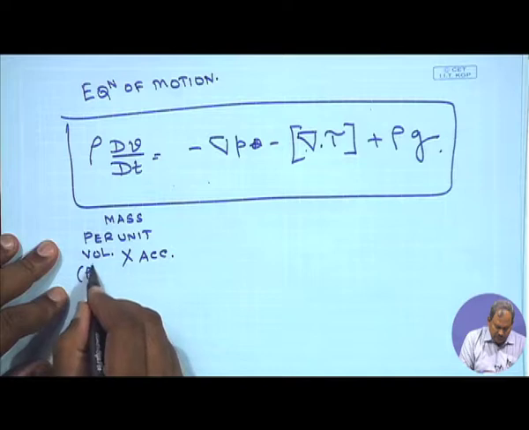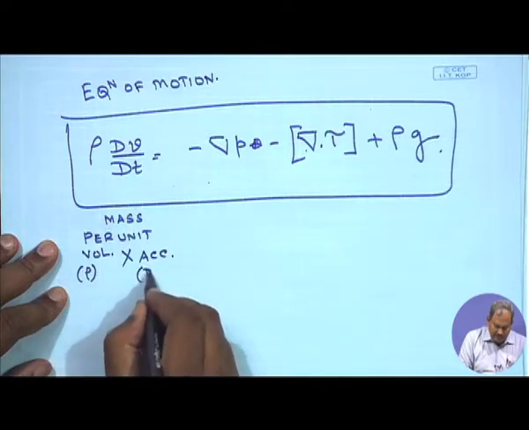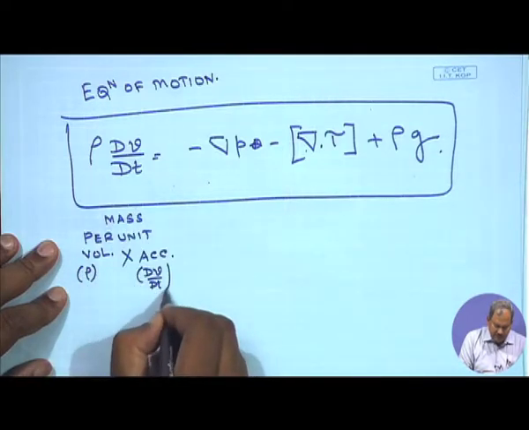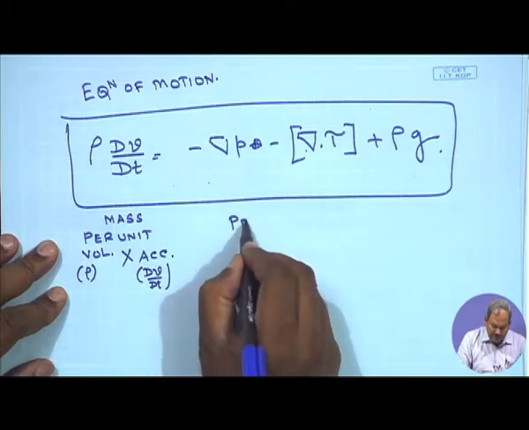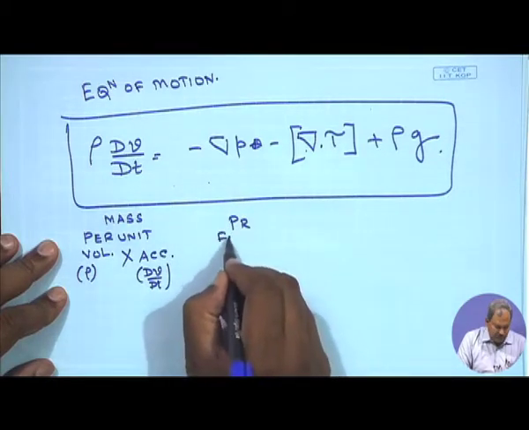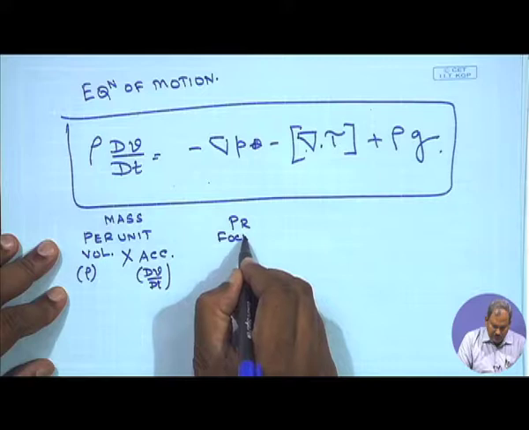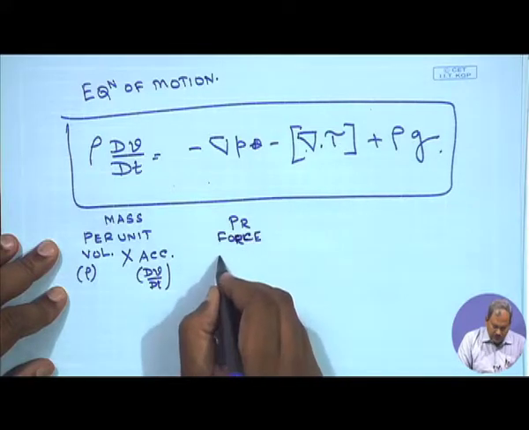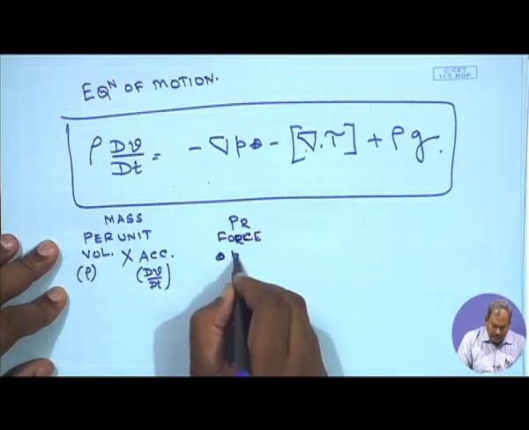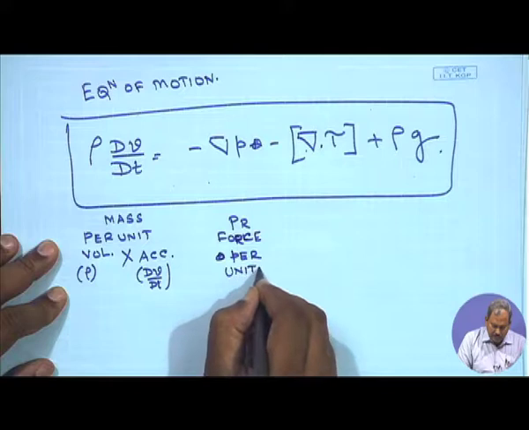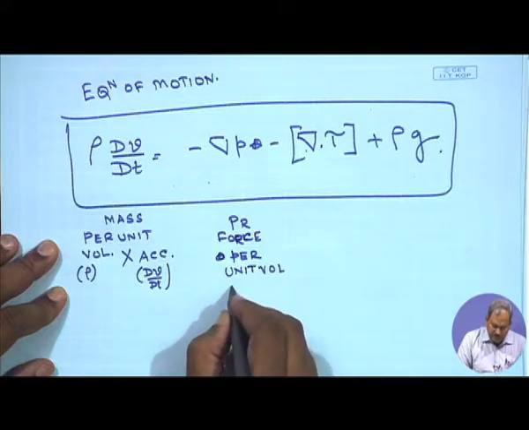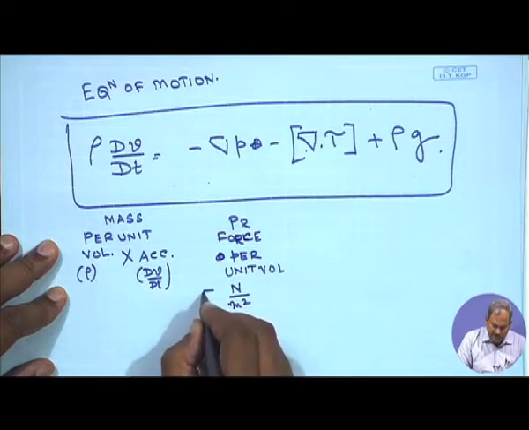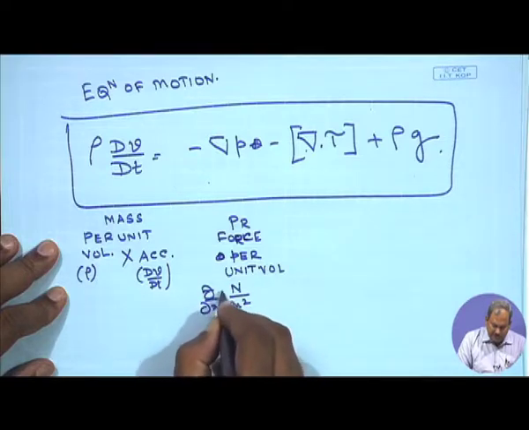So, this is rho and dv dt, where here this is pressure force per unit volume, because pressure is Newton or force per unit area, then you have another del x in front of it.